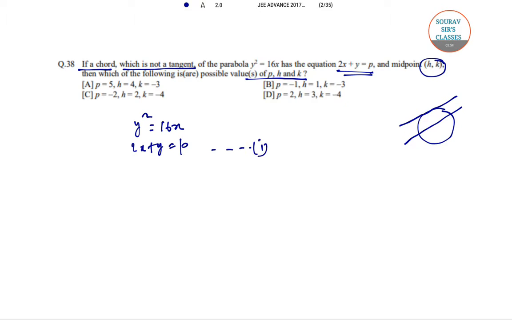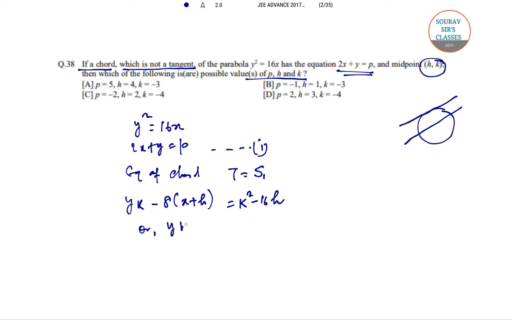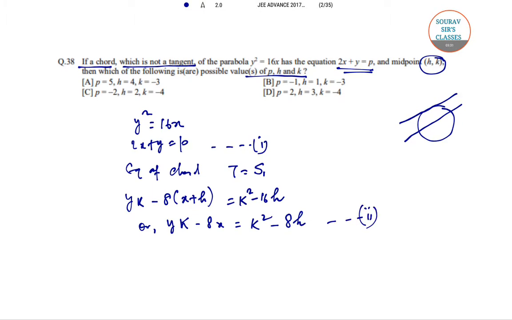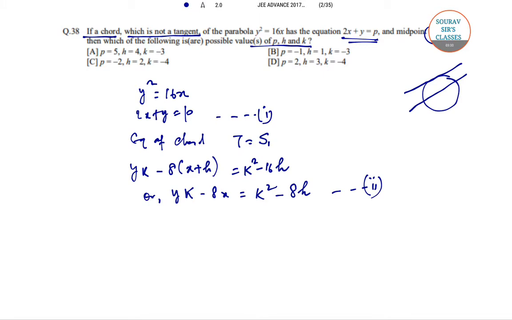The equation of the chord having midpoint (h, k) is T equal to S1. So yk minus 8 into (x plus h) equal to k square minus 16h, or yk minus 8x equal to k square minus 8h. This 8h will go here, that will make it 8h as a whole. So this is the second part done. Now I have to compare the first and second with the ratio.